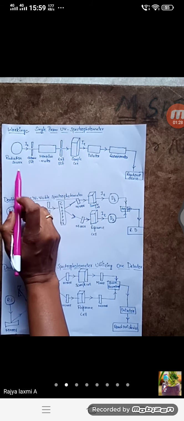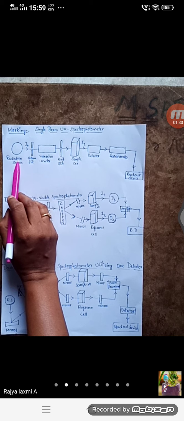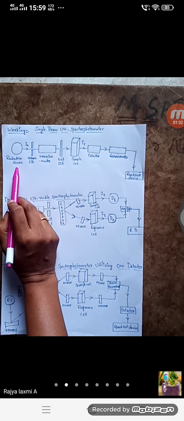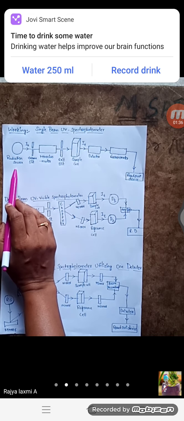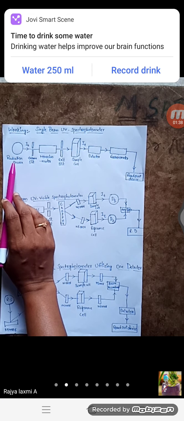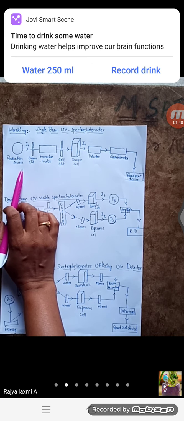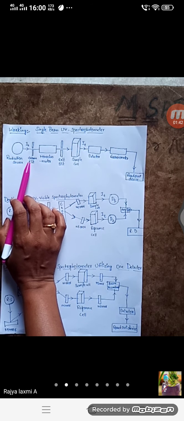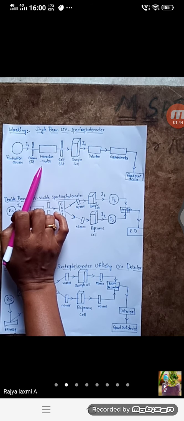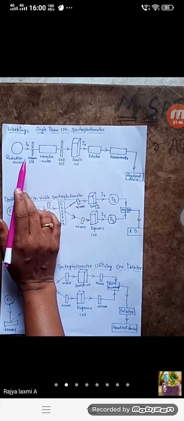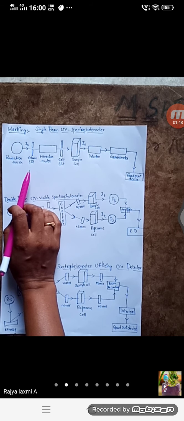In this single beam UV visible spectrophotometer, first the radiation source is there. When you start the UV, first it gives light from the radiation source. From the radiation source the light passes through the entrance slit and enters the monochromator, which may be prisms or gratings.